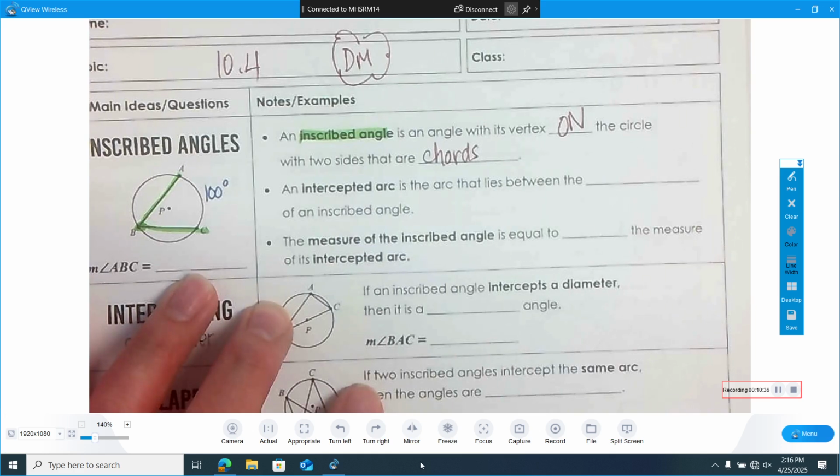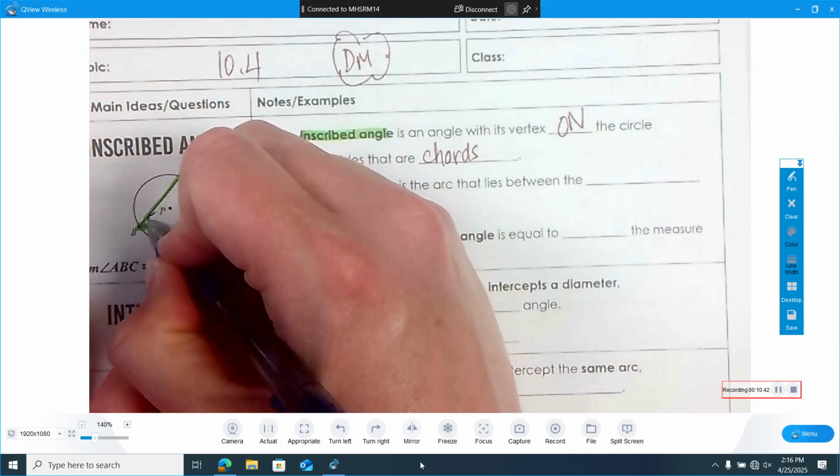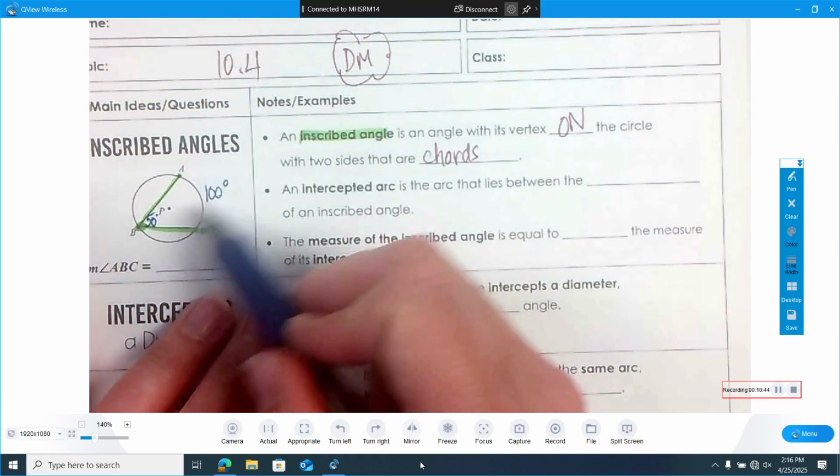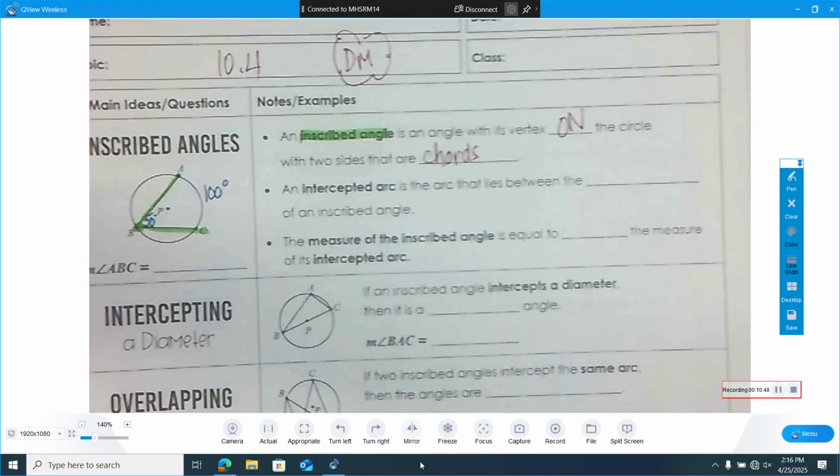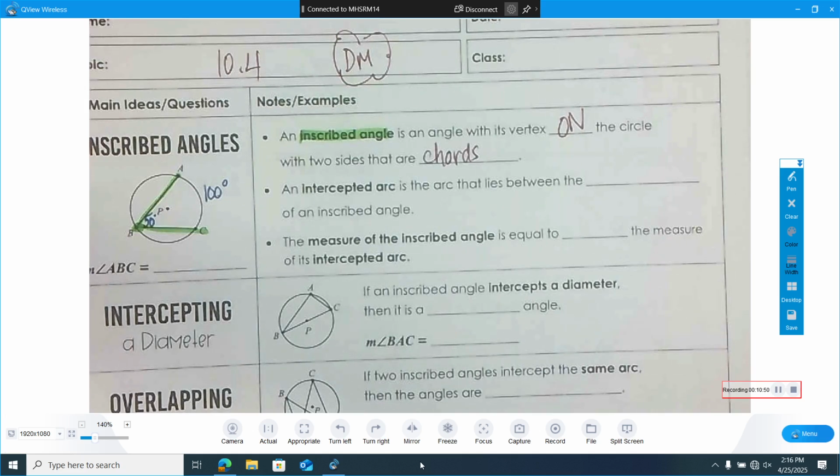No. Less. More. 50! Yes, sir. Ready? What's the relationship between the arc and an inscribed angle? Okay, good, you can go. So if you get that in, then it's pretty easy. Good luck, guys.